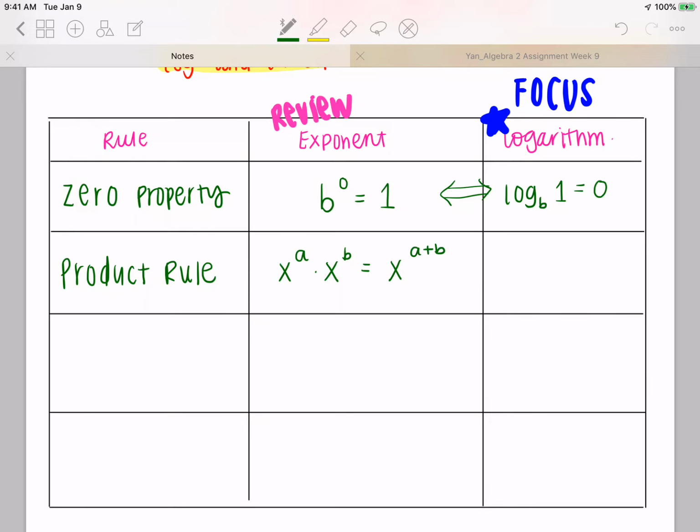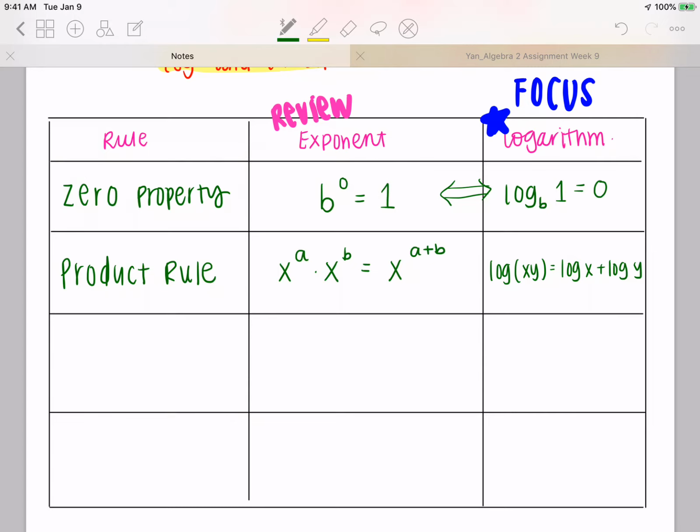But in the log form, let's say if I have log of xy, this is the same thing as saying log x plus log y. Let me rewrite the whole thing. So log of xy equals log x plus log y.